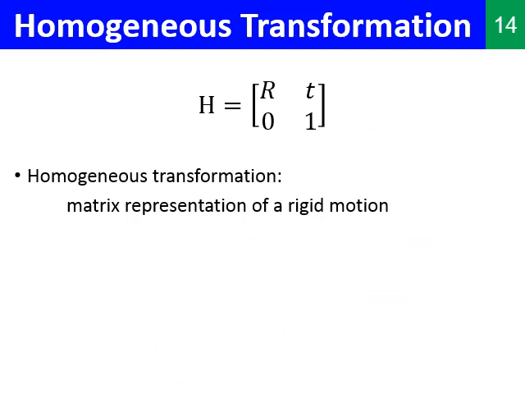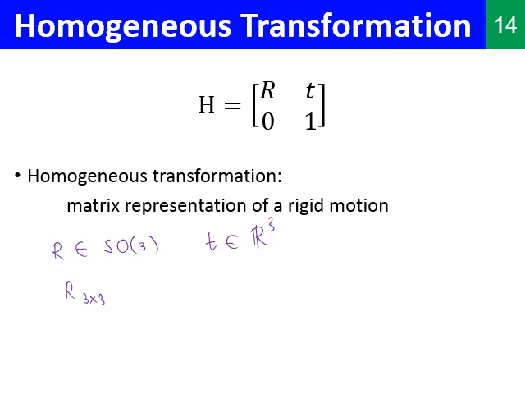If I summarize the homogeneous transformation matrix, we have a rotation matrix and the translational vector. So this gives the rigid motion, and at the bottom we have a 0. So in fact this is 3 zeros, so it's like a 0 vector, and a 1, right? So the rotation R belongs to the special orthogonal group SO(3), the 3 by 3 matrices. Then the translation belongs to the three-dimensional vectors R3.